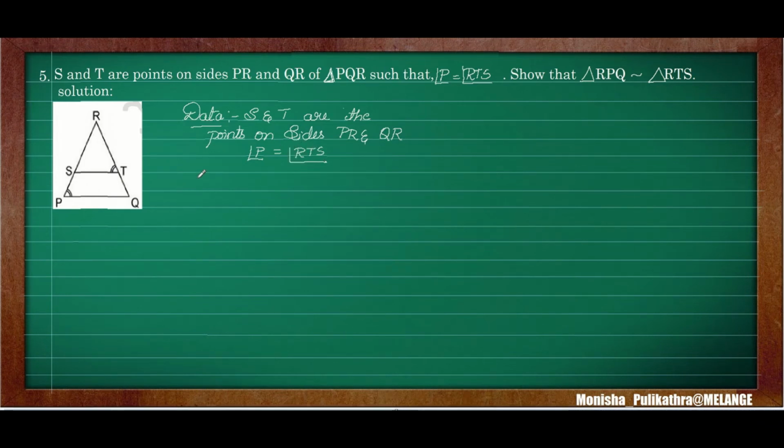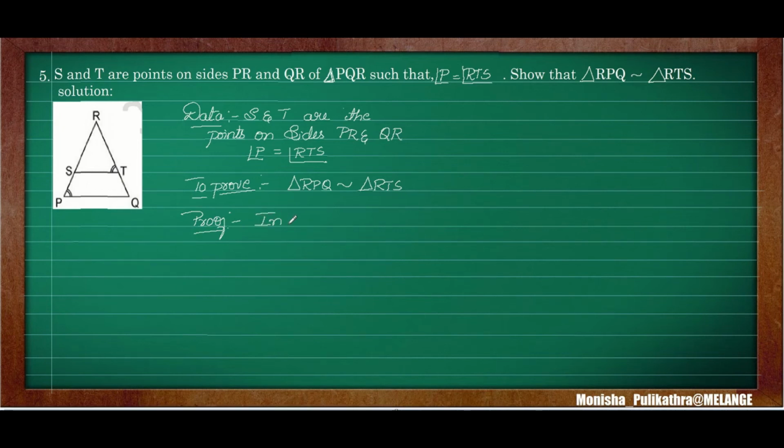So this is the data given. Next we need to prove that triangle RPQ is similar to triangle RTS. There is no construction, we can directly write the proof.